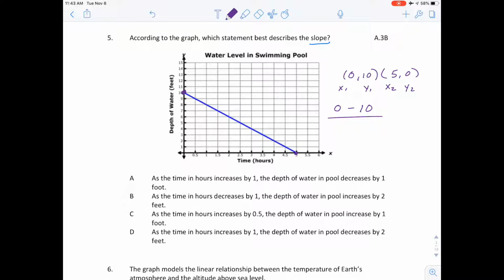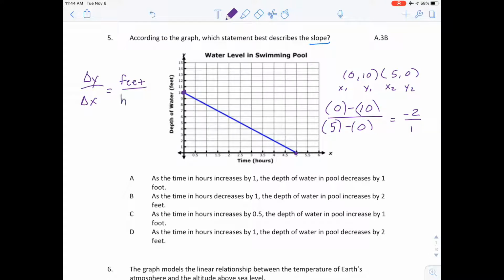All right, so 0 minus 10, and then 5 minus 0, right? And I could put parentheses around that. All right, so when we type that in, we get -2, which as a fraction is -2/1. So just like we did on the last problem, it's going to be helpful to know what does my top number represent and what is my bottom number. So the y-axis is labeled the depth of the water, and that's in feet.